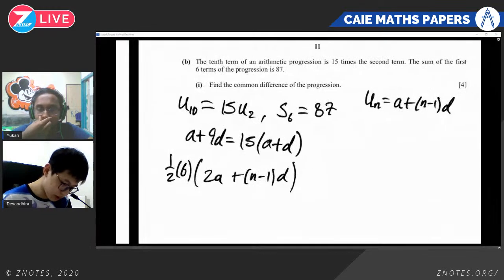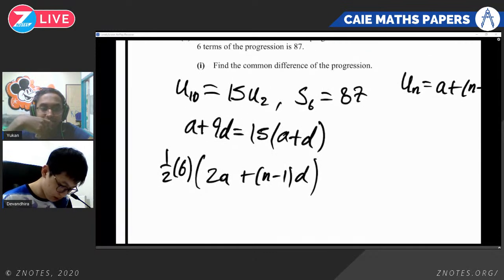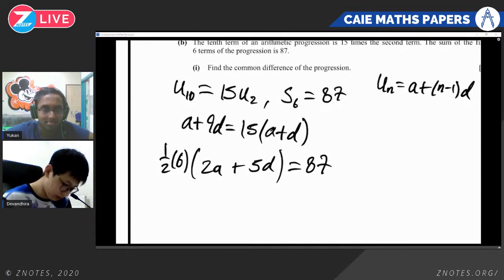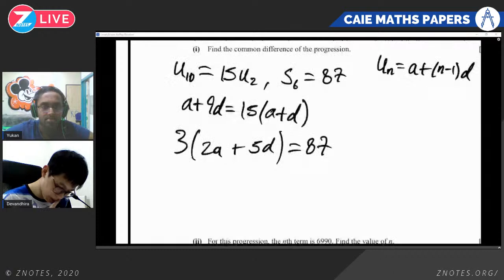All right, so since our a, oh yeah, sorry. Your n is 6. Yep, our n is 6. That means we have 6 minus 1, which is 5. Okay, we equated to 87, correct? Mm-hmm. We can simplify this part a bit more. So we have 6 divided by 2 is just 3, right?